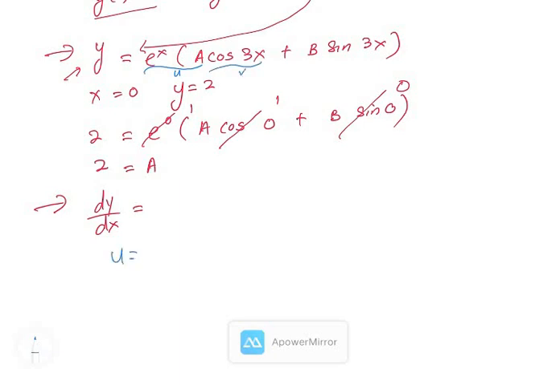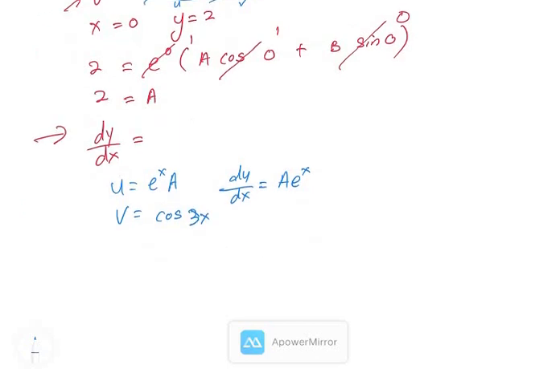So u equals a e to the power x, du/dx is a e to the power x. Then v equals cos 3x, dv/dx equals negative 3 sin 3x. You differentiate cos 3x, you get negative 3 sin 3x.